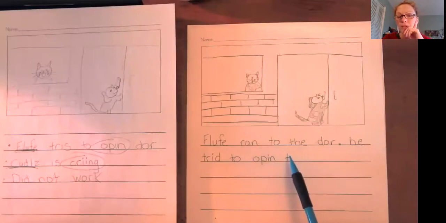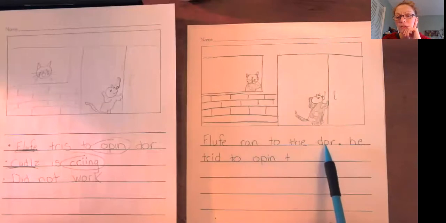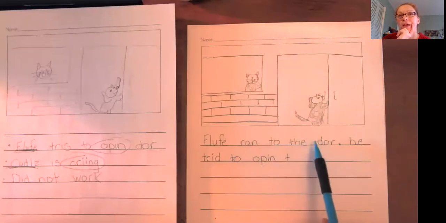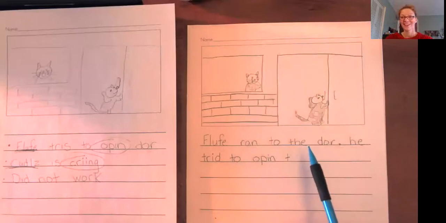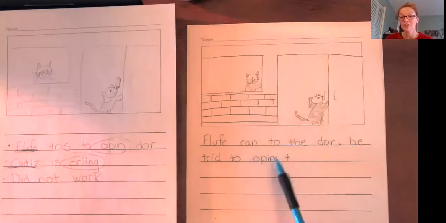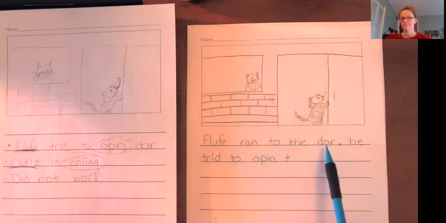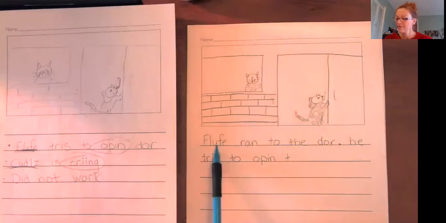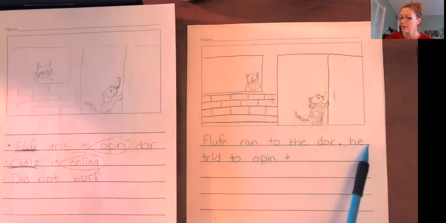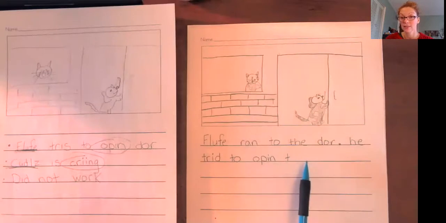What pronoun could we use? It's a thing. For boys, say he. For girls, say she. For things, say it. He tried to open it. Let's see if that makes sense. Fluffy ran to the door. He tried to open it.